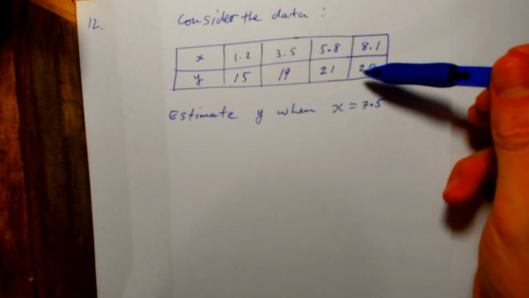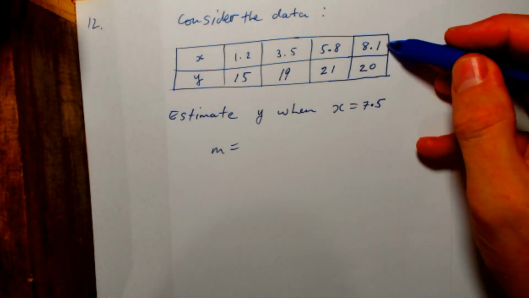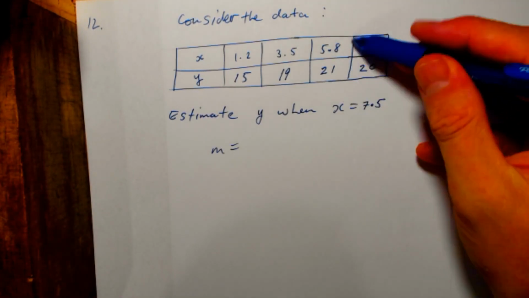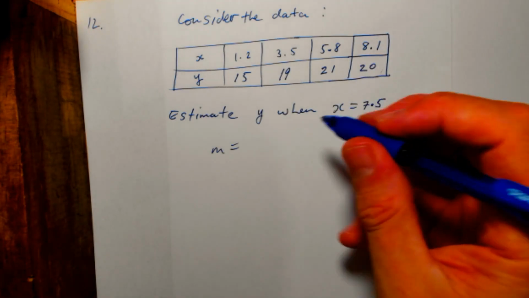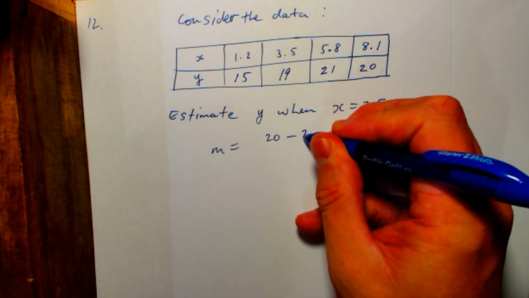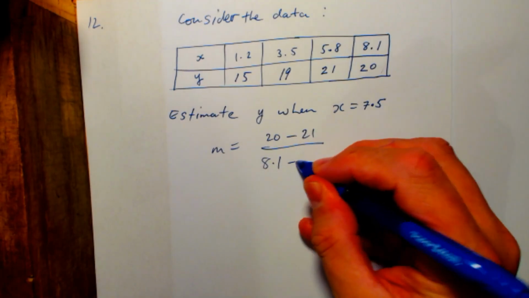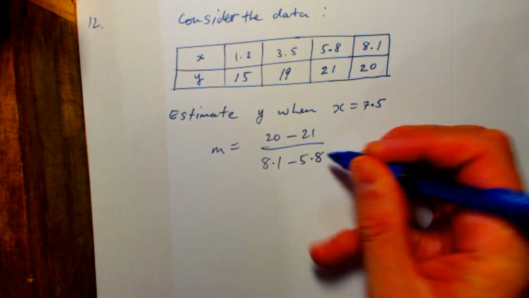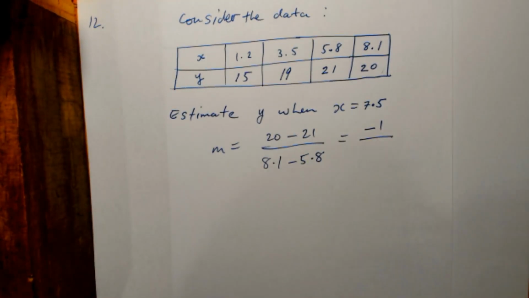So I'm going to take the slope, calling this my second point and this my first point. So y2 minus y1, so 20 minus 21 over 8.1 minus 5.8. Okay, I get minus 1 over, now that difference on the denominator is, let's see, is it 2.3? Yep.